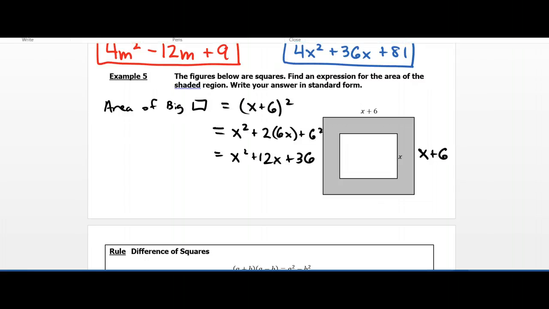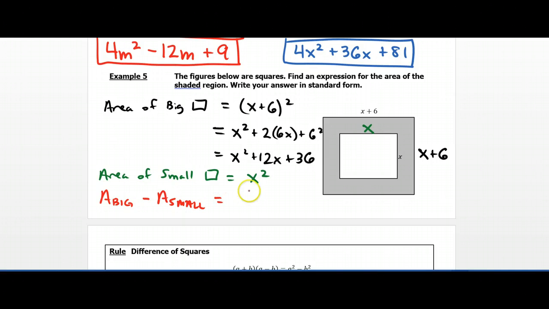The area of my small square is just going to be this side x times itself, so that's just going to be x squared. To find the area of the shaded region, now I need to take the area of my big square minus the area of my small square.